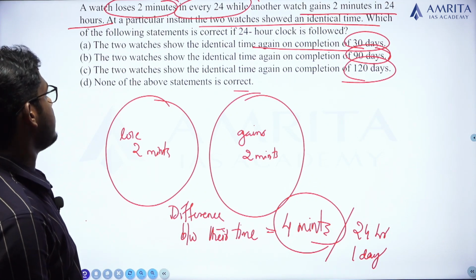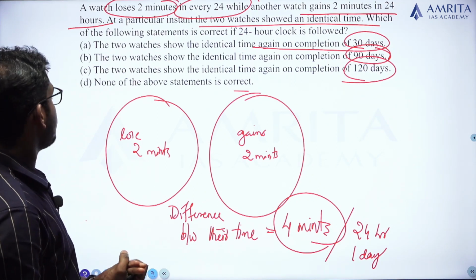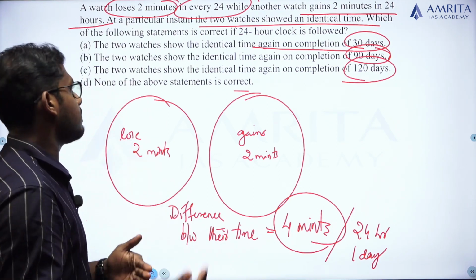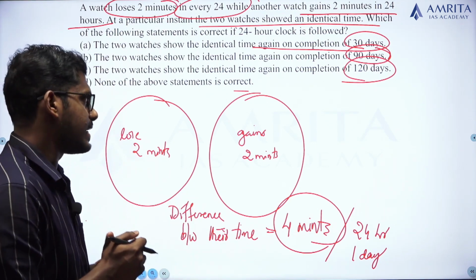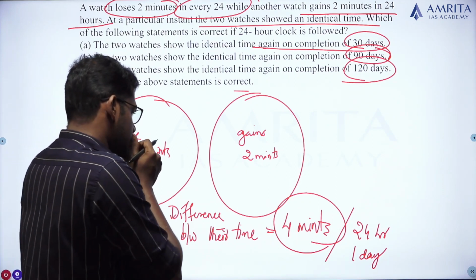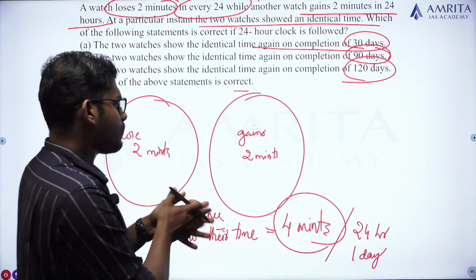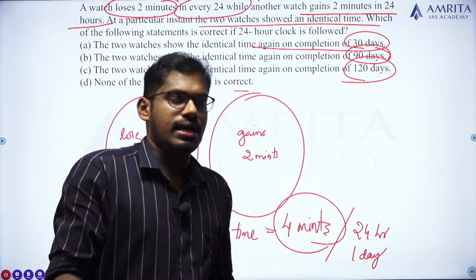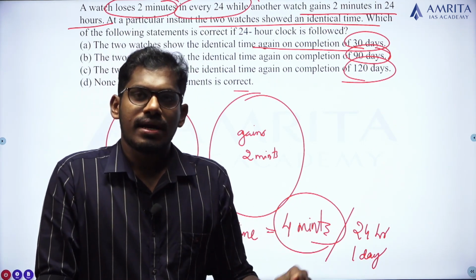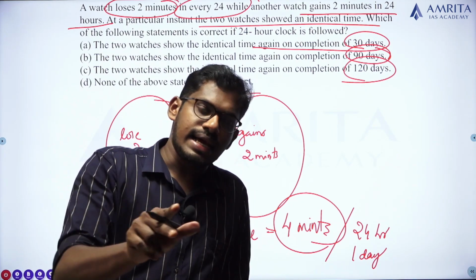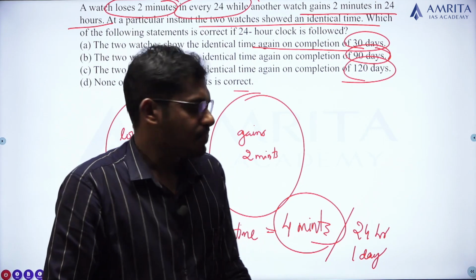But the question is, at what time do the two watches show the identical time again? Okay. See, initially the two clocks differ by 4 minutes. By that 4 minutes per 24 hours, in a day they are differed by 4 minutes.